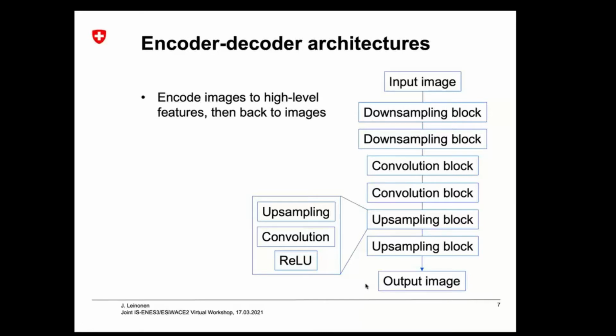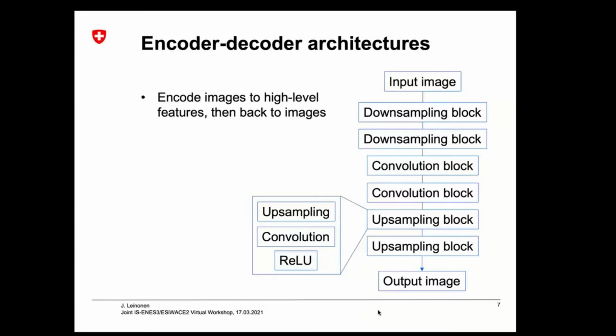So in this example, if we keep using the cat example here, we could have images of cats, and the output image could be a binary map that would show the pixels in the image that are part of the cat, and then another label for pixels that are part of the background.